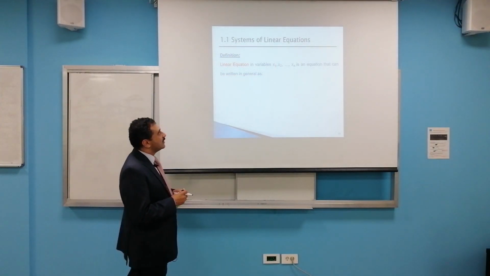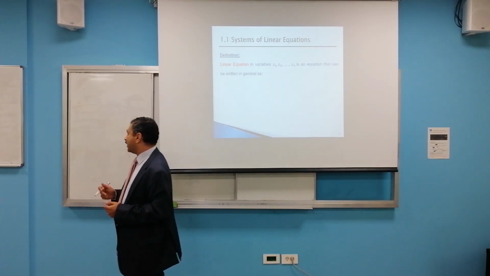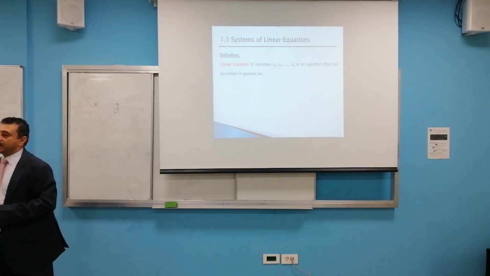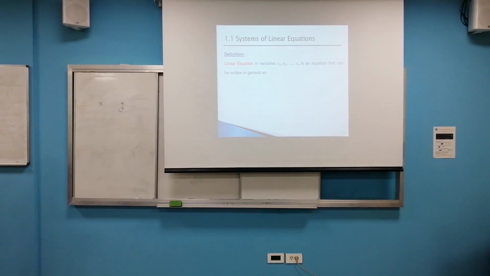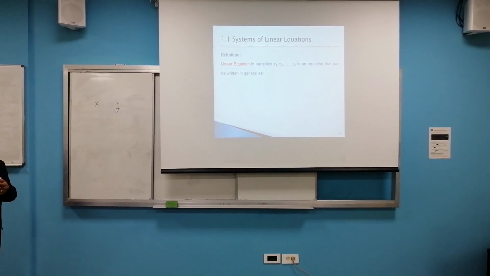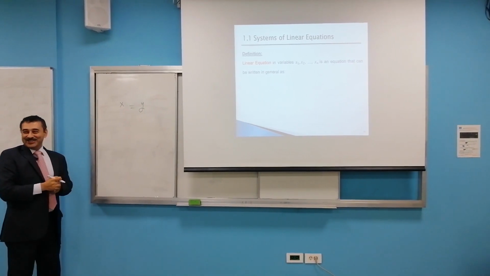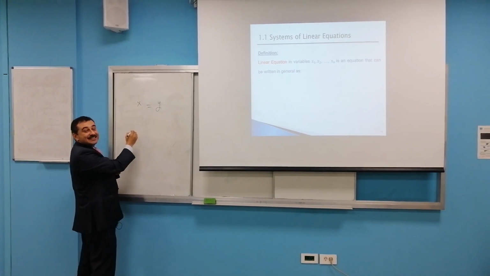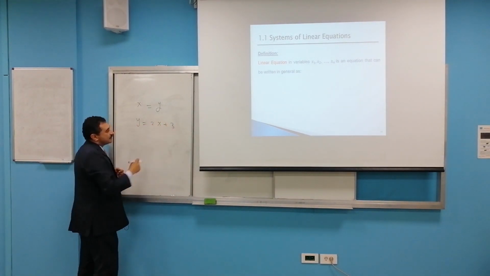We'll start with the linear equation. If you have, for example, two variables, x and y, can you give me an example for a linear equation containing x and y? By any numbers. x equals y. Another equation. y equals x plus 3.